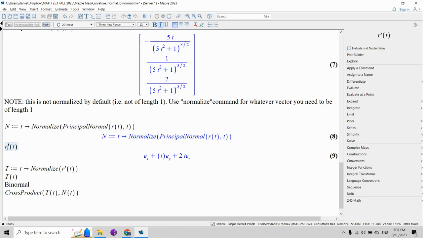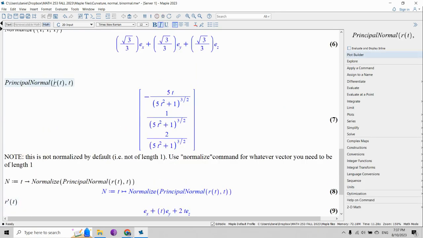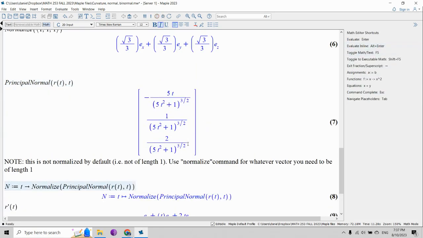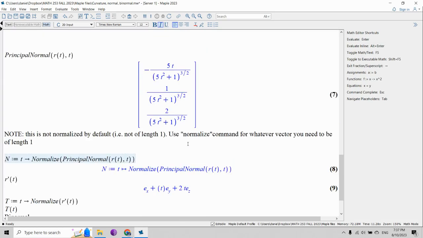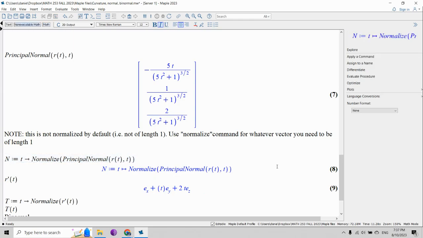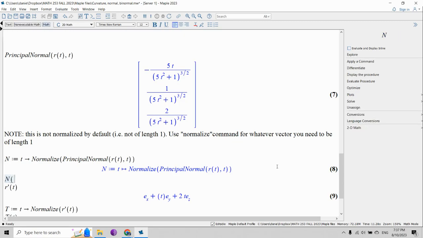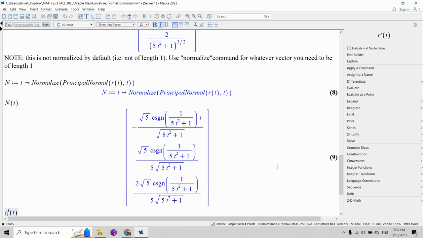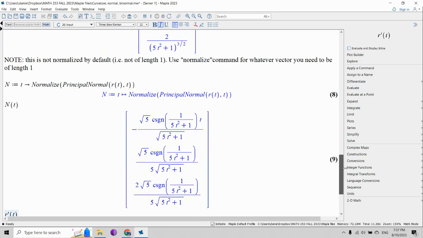Normalize PrincipalNormal. It doesn't recognize it. I think I know what goes on. I have to call n of t separately. There you go. It's another annoying thing with Maple. You need to call the function. It doesn't display the execution of the functions by default.